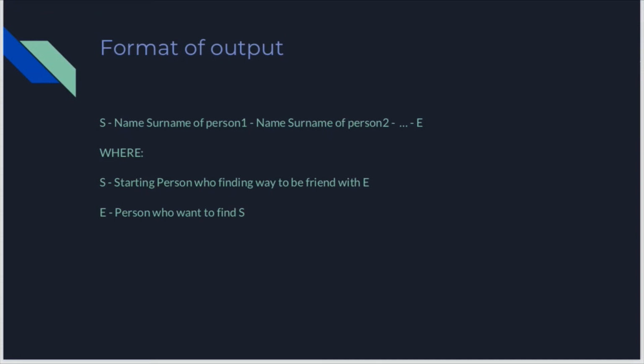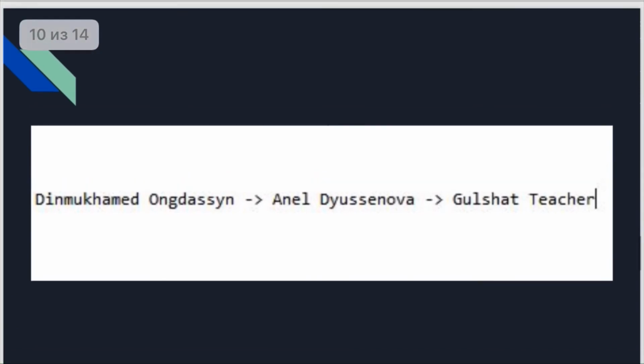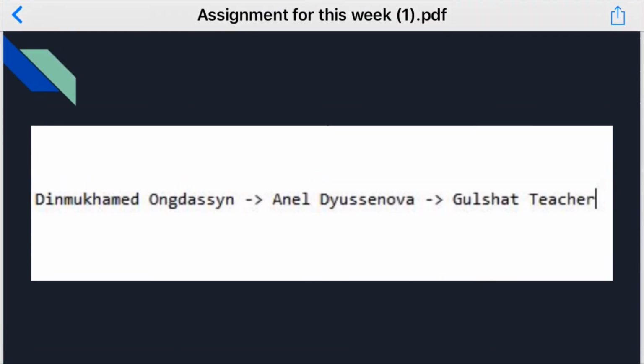So the shortest path, where S is the starting person who is finding a way to be friends with E, and E is the person who S wants to reach. Here is the shortest path example, so the output example.